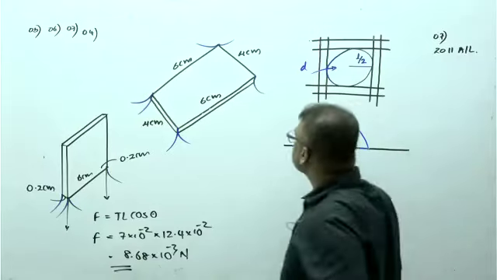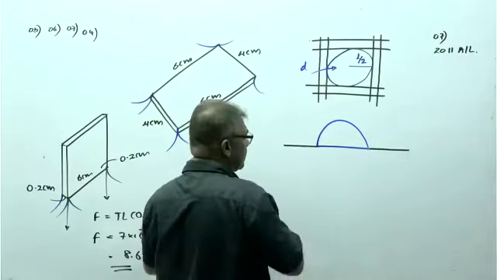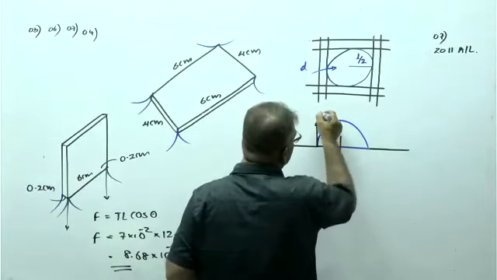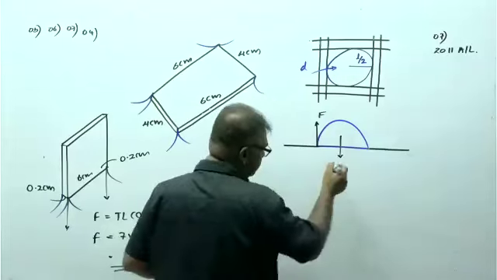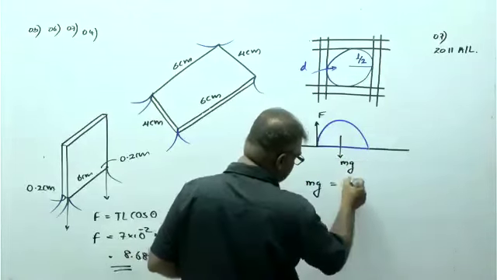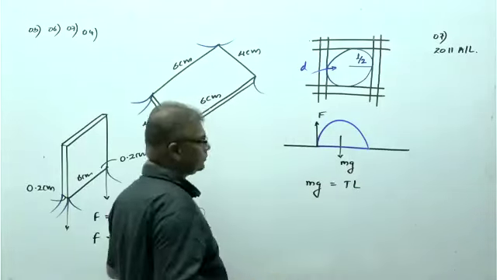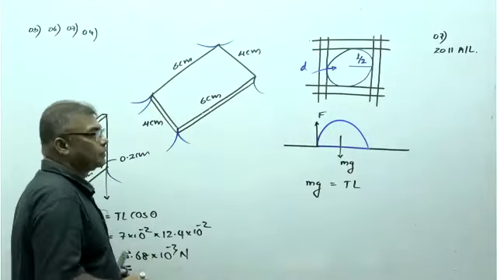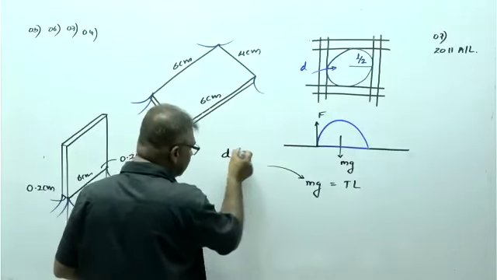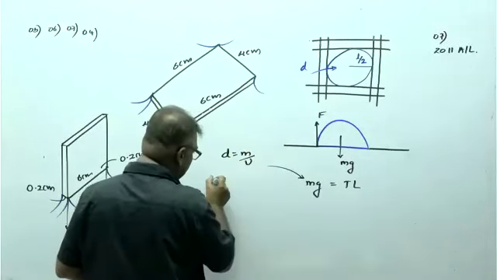Okay. What do you say? Right. Weight is balanced by surface tension, no? F, then weight equals T n. Weight is written by using density equals mass over volume, no?